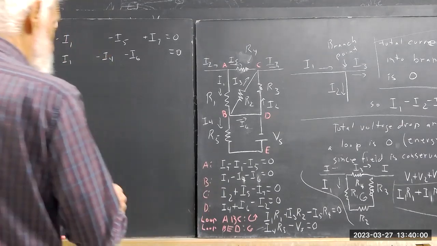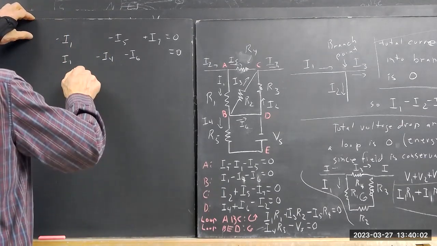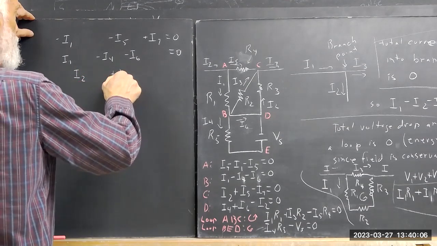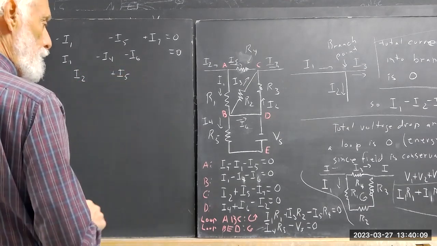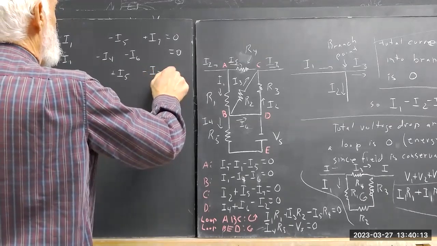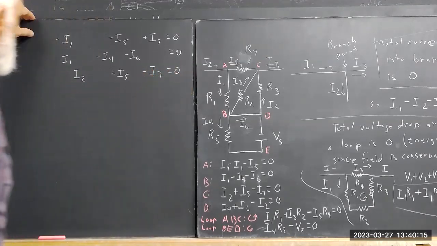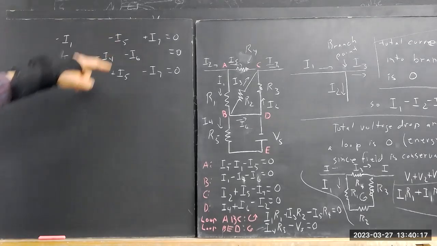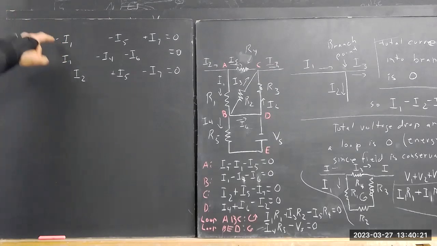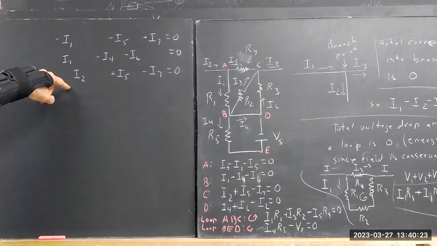On C, I'm going to have I2. Plus I5. Minus I7. And look what happens if I add first row, first equation to this equation, I eliminate everything, the I1 and the I2. Okay.